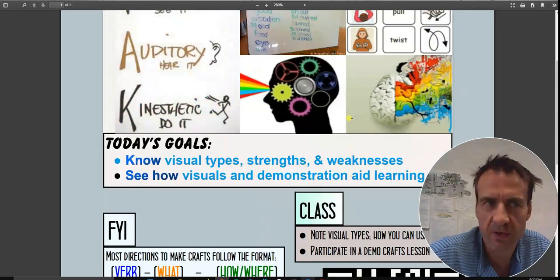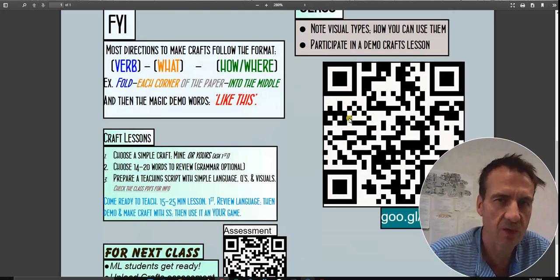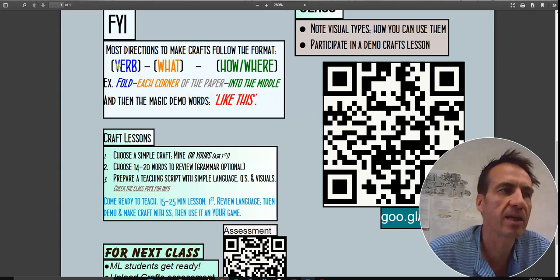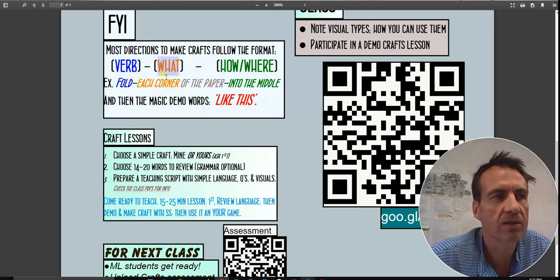And this, while I have it on the screen, is very important for crafts. Crafts is the first micro lesson. It's first because it is very visual. Now, it's less visual digitally, but you have to show me that when you're giving directions, you're saying what you're doing, like fold each corner of the paper, and how or where, into the middle.